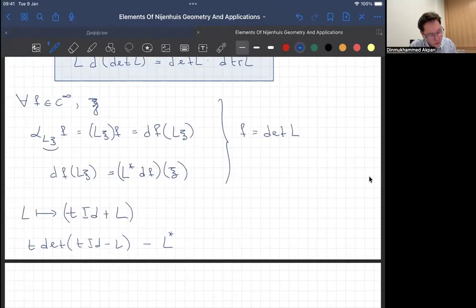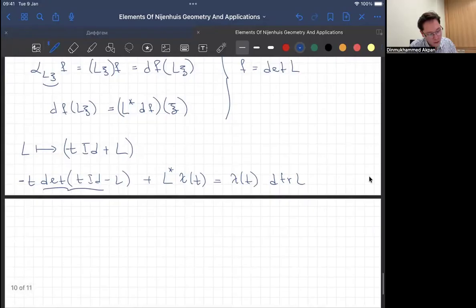This is a characteristic polynomial. And the right side is the characteristic polynomial of the differential of the trace.